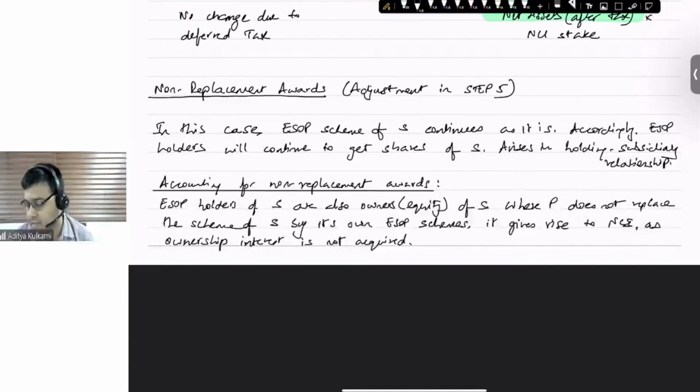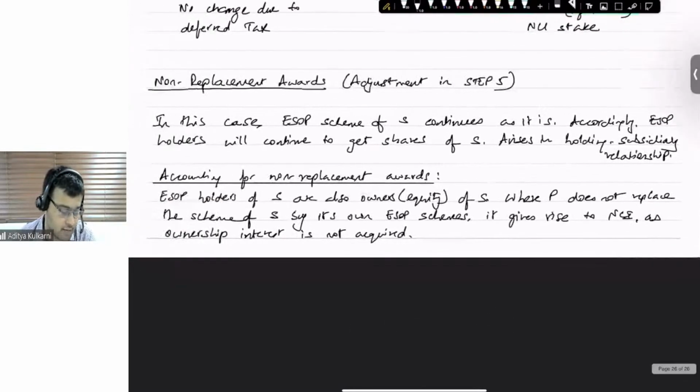It is the stake percentage, not the control. Control is there. Ownership interest arises, you are holding shares in the case of a holding subsidiary. Ownership interest means you are owning the subsidiary by way of acquiring its shares. It gives rise to NCI as ownership interest is not acquired.